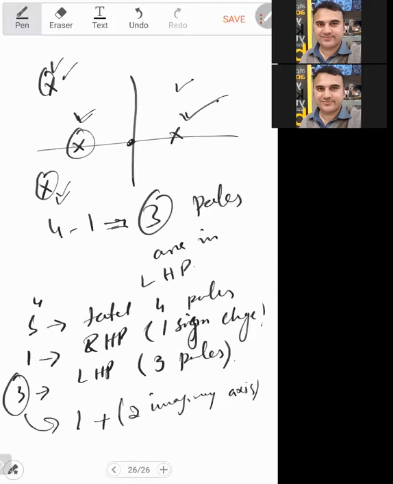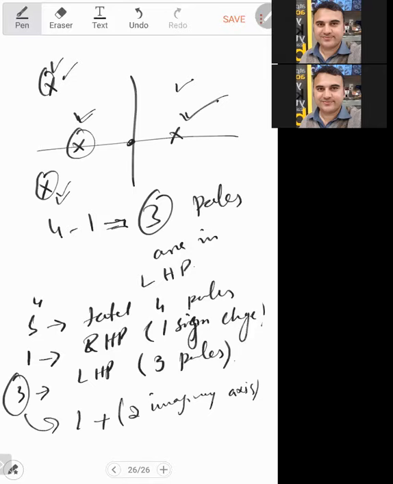Also, there are some special conditions. If we get 0 as the first entry in a row, we can introduce a small coefficient e. We can also reverse the coefficients of the polynomial, which can avoid this division by 0.